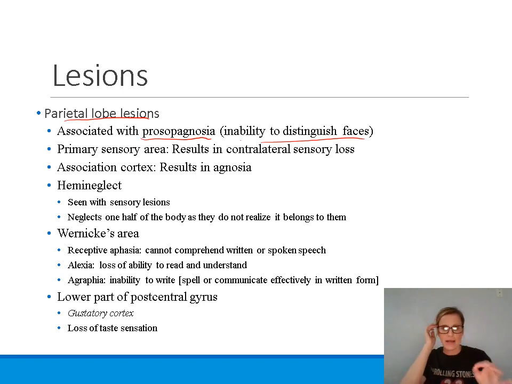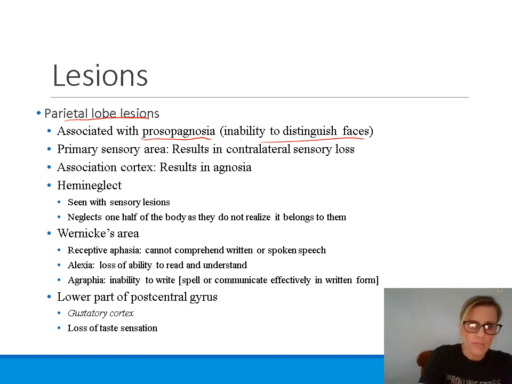And lesions in that area are very commonly associated with prosopagnosia. But the parietal lobe is also involved in facial recognition. So lesions here sometimes are associated with prosopagnosia. But again, we'll talk about this again in the temporal lobe coming up next.